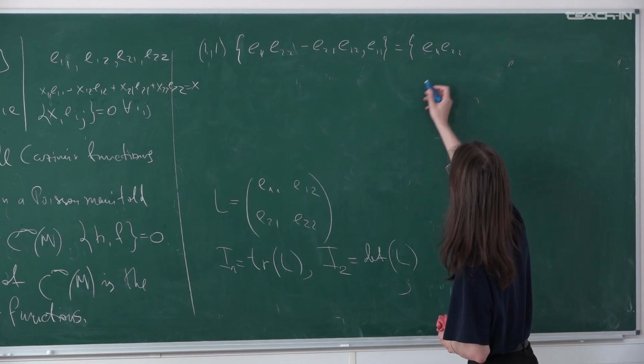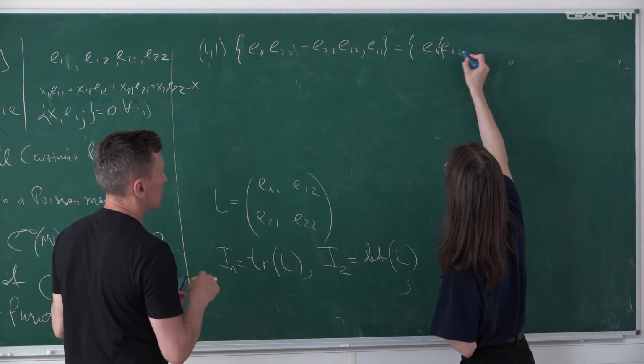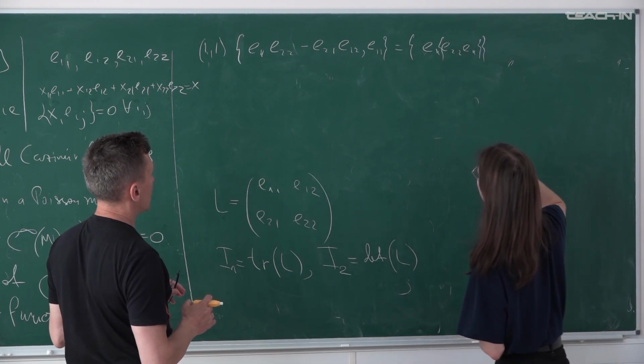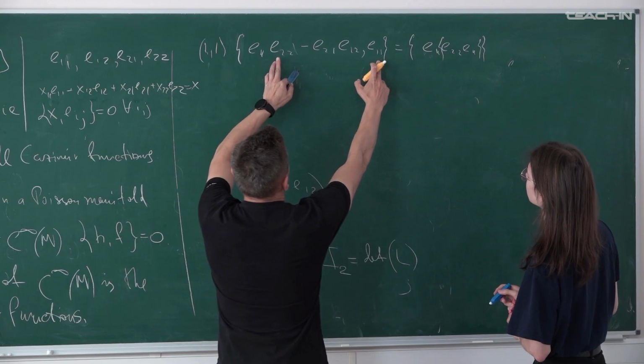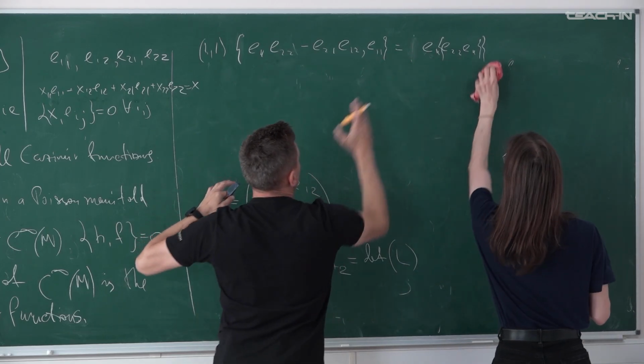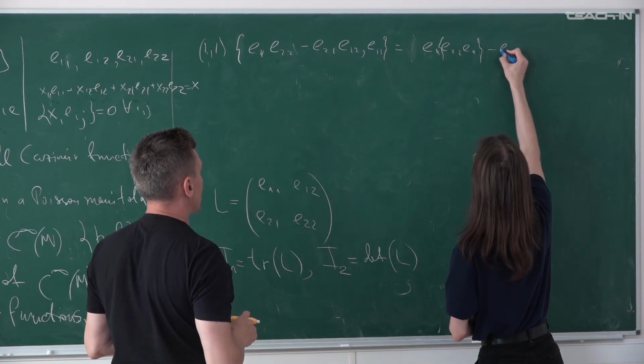Very good. So you consider the Poisson bracket of... There's only one Poisson bracket, but there are two summands.